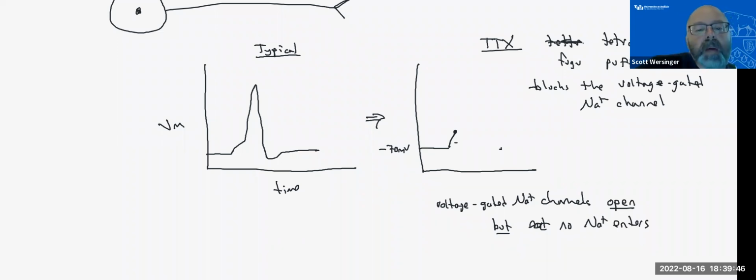So if no sodium comes in, what is our action potential going to look like? Well, this depolarization is because of sodium coming in. So sodium can't come in, and we'll never get that. The EPSP will fade away, and we'll just return to rest. So tetrodotoxin would completely prevent the action potential.